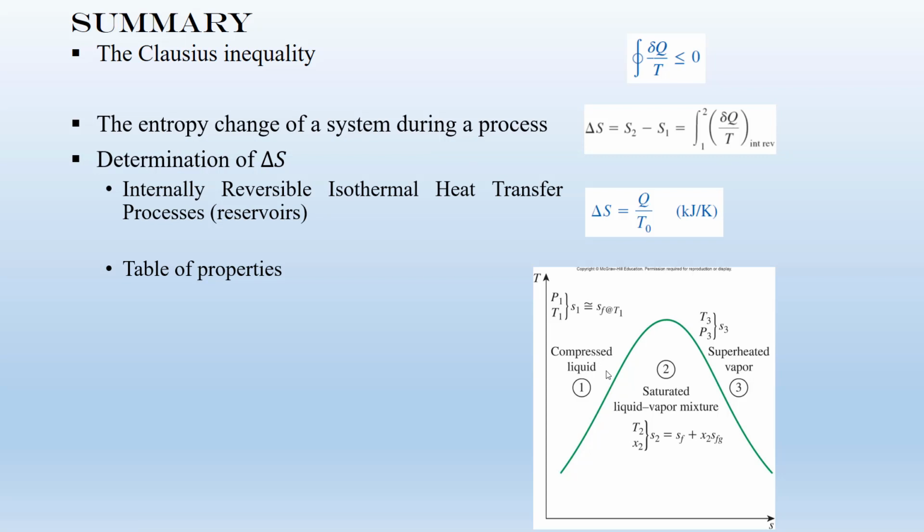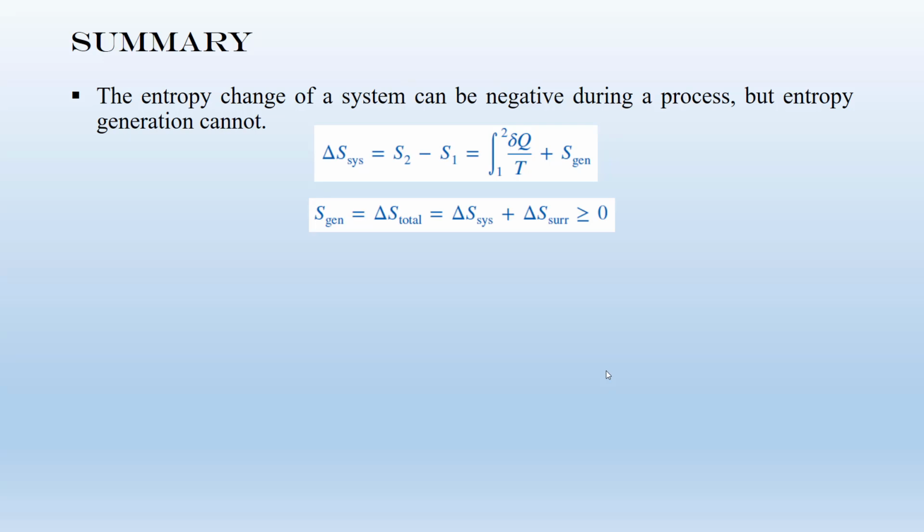What is entropy? Clausius just found this property, and simply, entropy is the loss of energy available to do work. It's an indicator that shows irreversibilities in the process. So keep in mind, guys, the delta S for a system can be determined for both reversible and irreversible processes from this correlation.